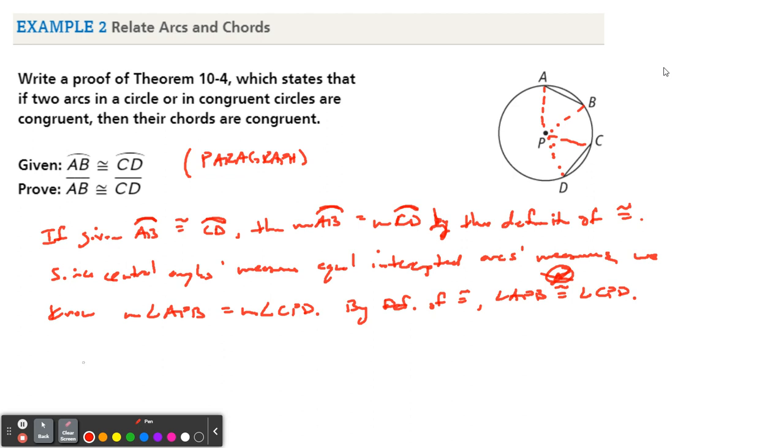So by converse to theorem 10.3, I put it in parentheses: congruent central angles have congruent chords, lead to congruent chords.